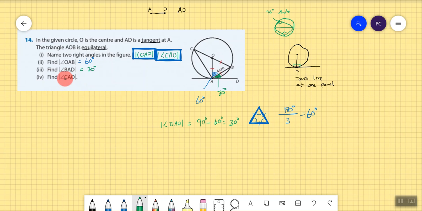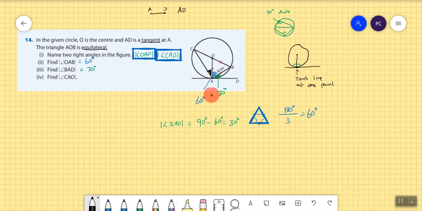And then the final one, the angle CAO. So we're looking for this one in here. So we've tried to figure out what that is.